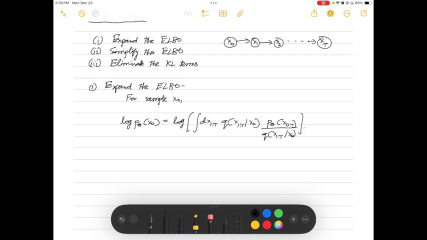Right, we expanded the log probability over the chain, and then we multiplied and divided by q of x1 to T given x naught. We just multiplied and divided by these terms.